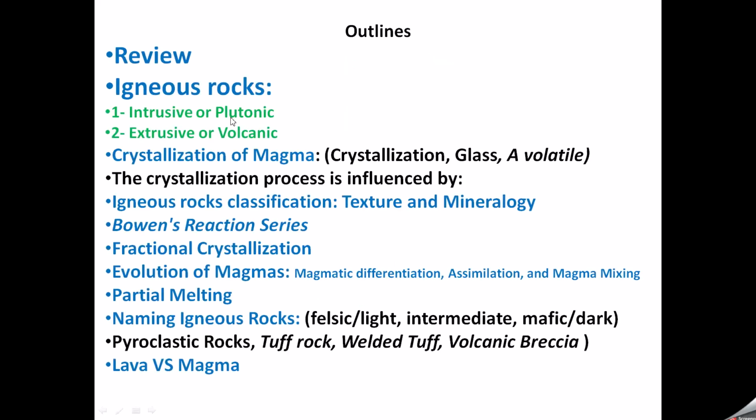Chapter 4, igneous rocks. On igneous activity, igneous rocks, intrusive plutonic, extrusive volcanic, crystallization of magma, and we'll look at the crystallization process, and then igneous rock classification, texture and mineralogy, Bowen's reaction series, fractional crystallization, evolution of magma, magmatic differentiation, assimilation, and magma mixing, and then partial melting, and then naming igneous rocks: felsic, intermediate, and mafic.